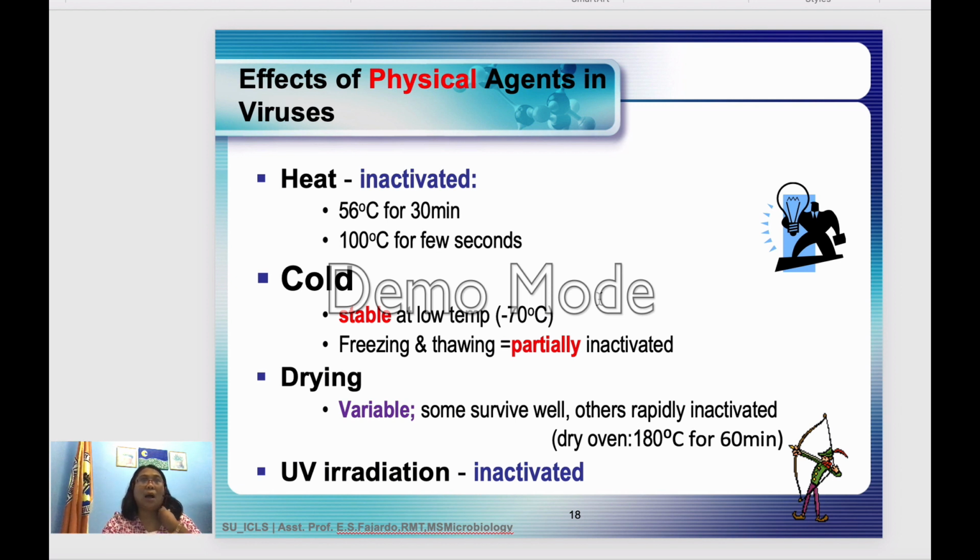Okay. UV radiation definitely inactivates virus. Why? Because this can cause mutation to the virus. Okay, there is a type of mutation that allows the virus to even deactivate their virulent antigens, the genes that express their virulence.